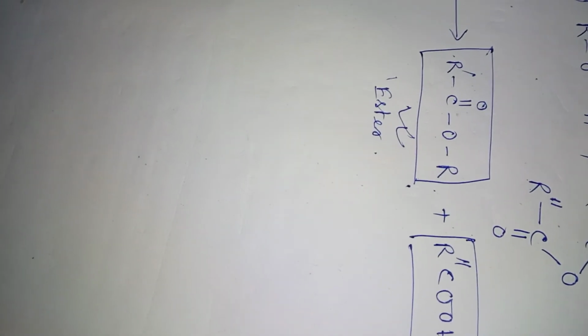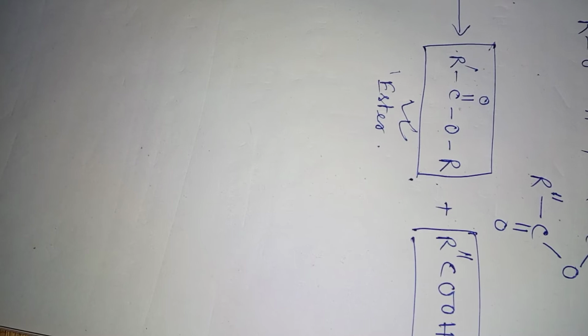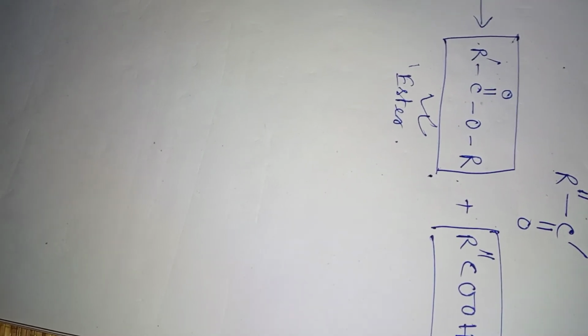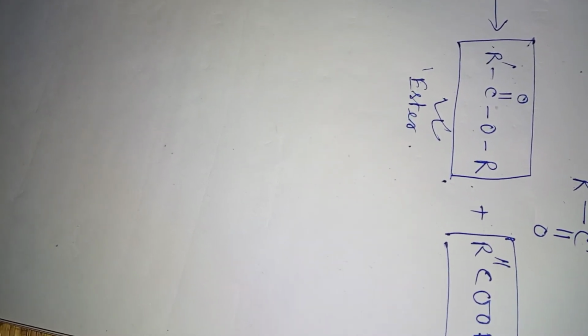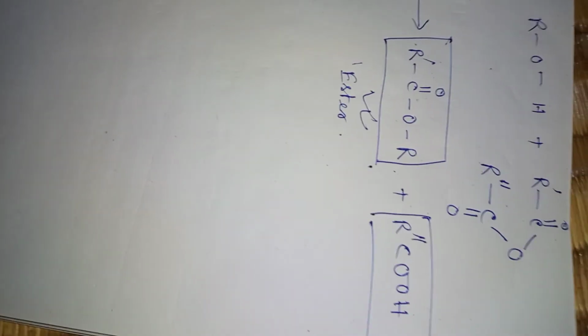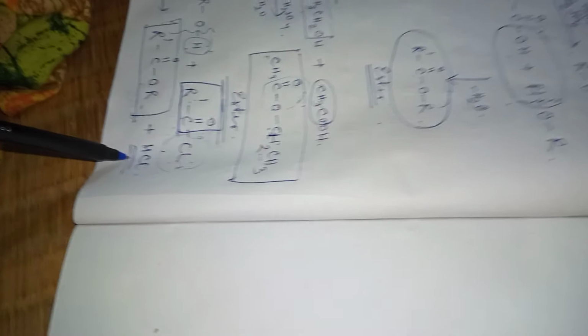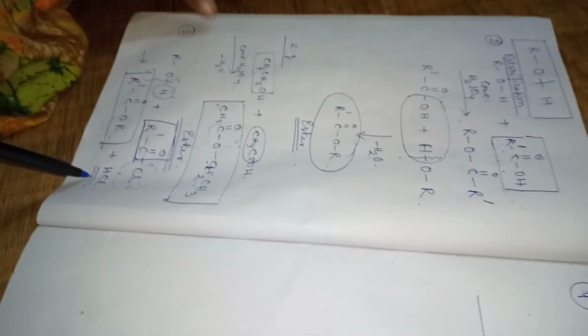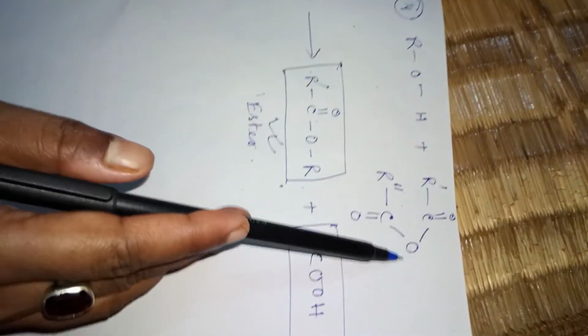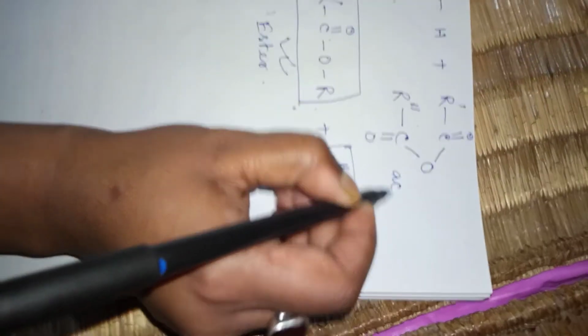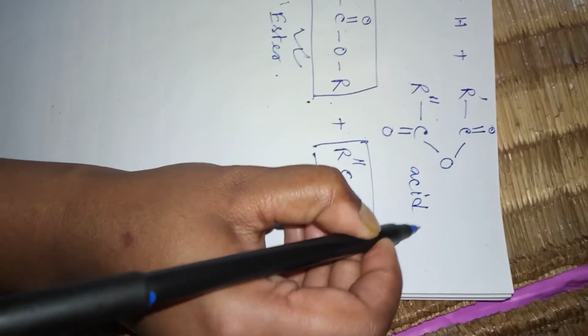So acyl chloride, when reacted with the alcohol, gives another ester. In this case, HCl is removed, and third, ROH is reacting with the acid anhydride.